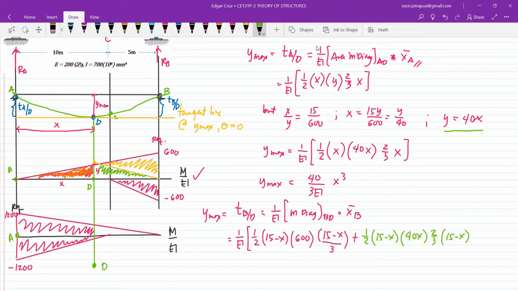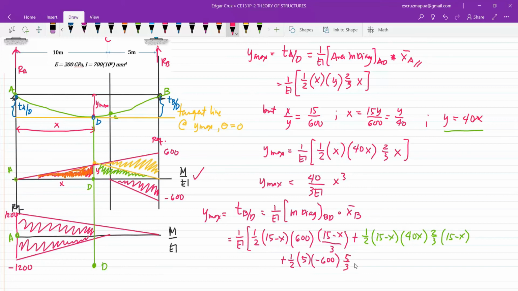Then for the pink one, I add again plus 1/2. It is a triangle, so the base is 5 and the height is negative 600. That is the area of the triangle at the bottom. Its centroid distance from B is 1/3 of 5.